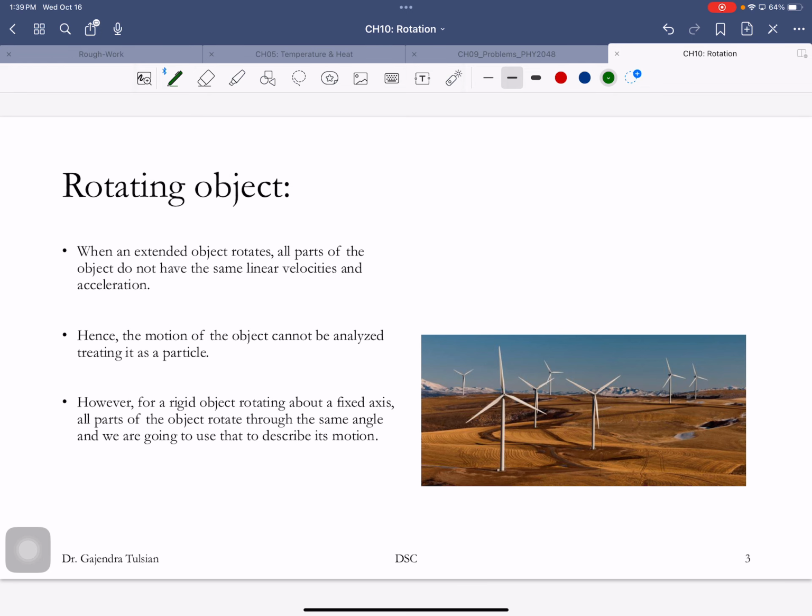All right, so you see many rotating objects. Here's an object that's rotating about a fixed axis. This is a rigid object, so if it rotates through 30 degrees, every point on that object will rotate through 30 degrees. To describe the motion of that object, all you have to do is give the angular position as a function of time.